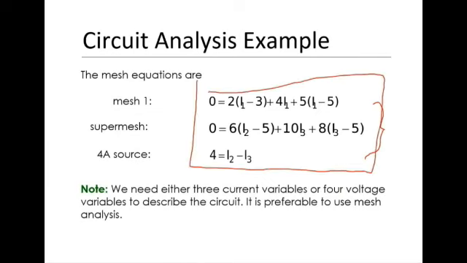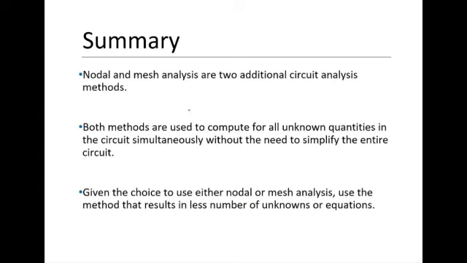To summarize, nodal and mesh analysis are useful methods of analyzing circuits, and they're better than using KVL and KCL, since with KVL and KCL you need to consider if the equations are independent of each other, and there are more unknowns.